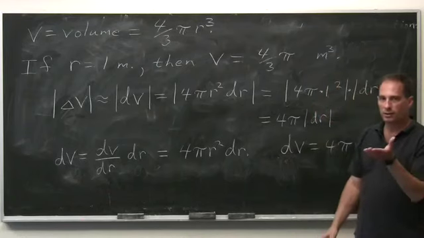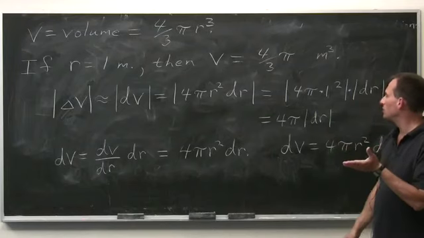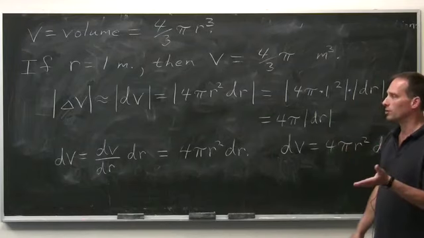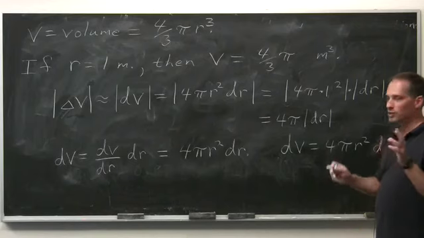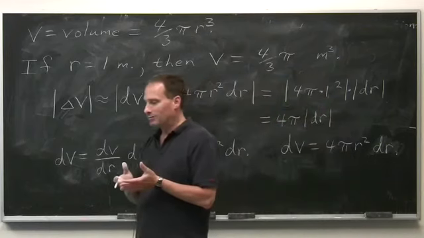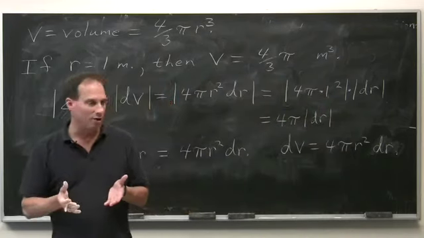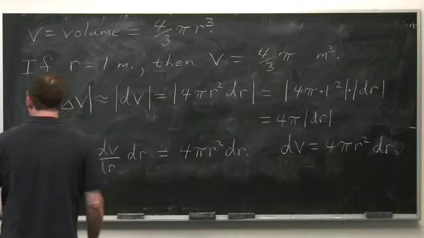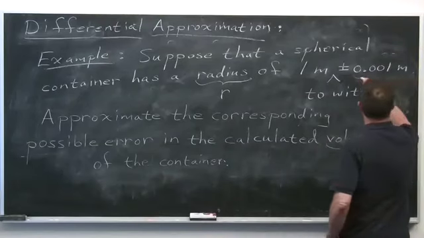But dr, this approximation is good if we make dr close to 0. It's called dr because you're supposed to think of it as delta r, where delta r is small. But our delta r was this, right?